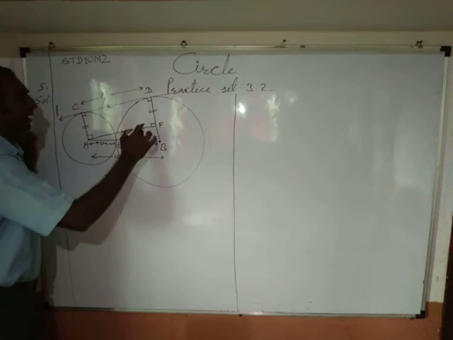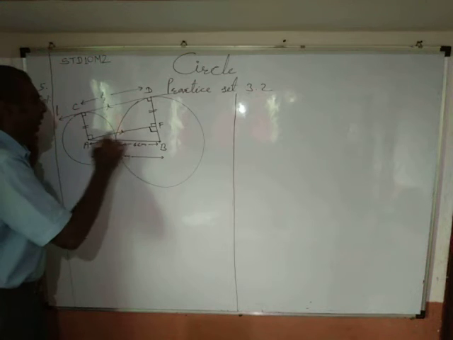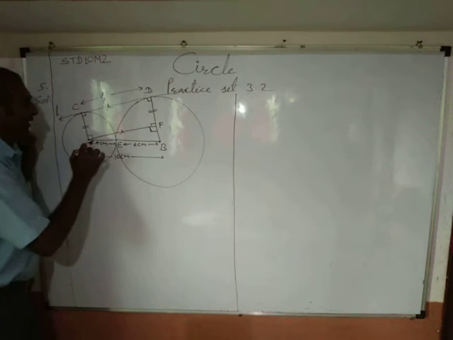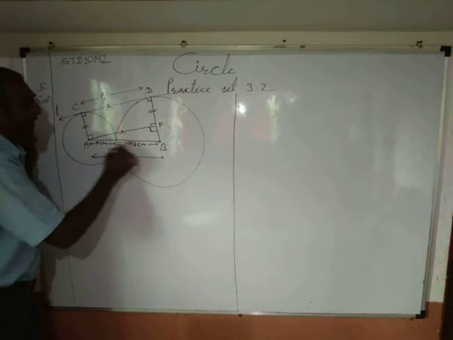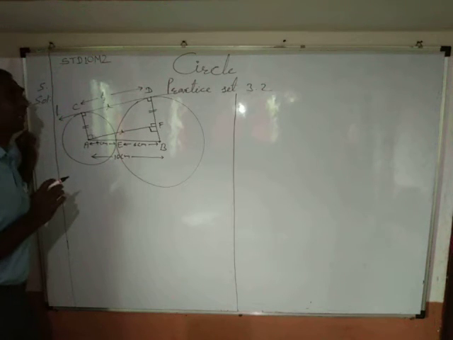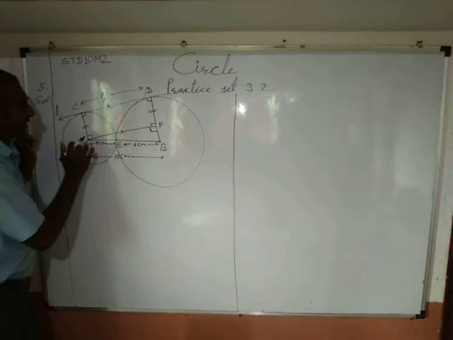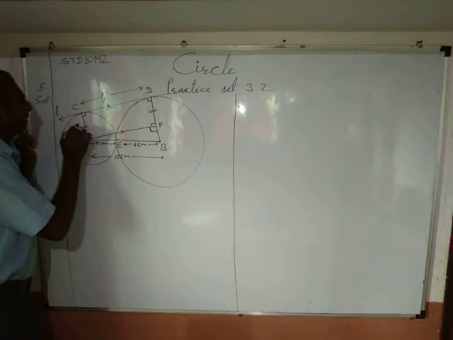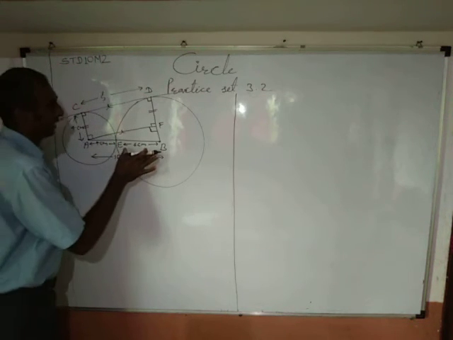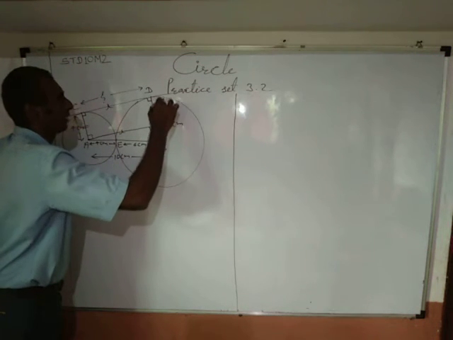We can find AF using the Pythagoras theorem applied to triangle AFB. In triangle AFB, we have the length of AB as 10 cm, but we don't know the length of FB. How to find it? AC equals AE equals 4 cm, since these are radii of the same circle. Similarly, BE equals BD equals 6 cm.